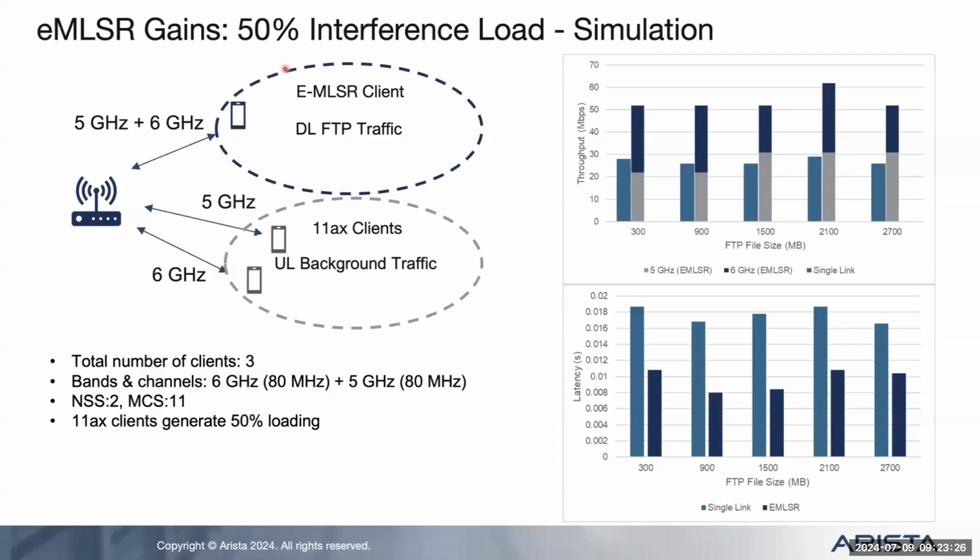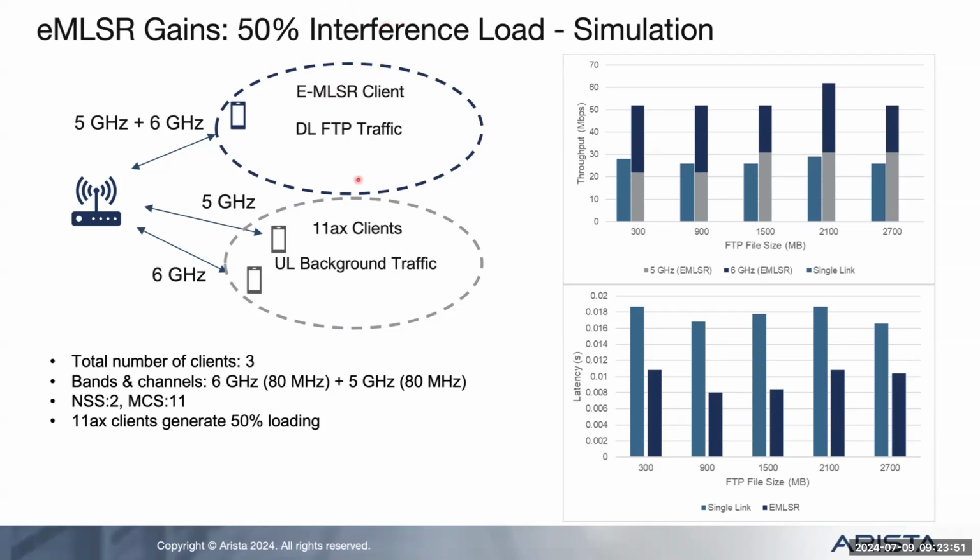Most of the EMLSR gain will be seen when we actually start loading the network using some interference. Because in some of the tests without interference we do see some results, but this feature by itself will see a lot of benefits when you actually load the network, right?